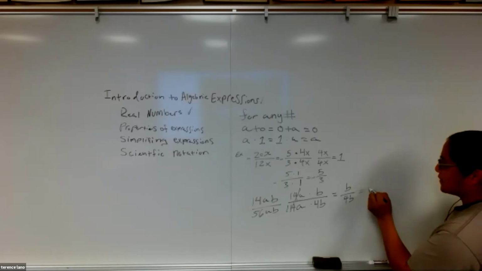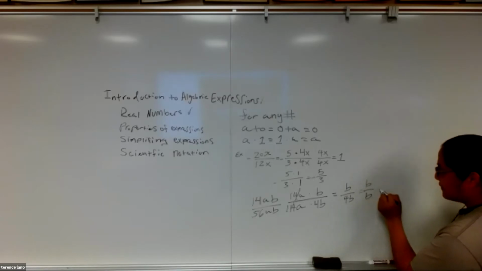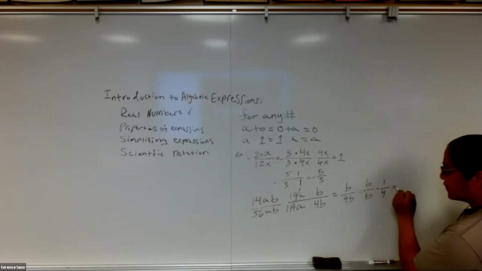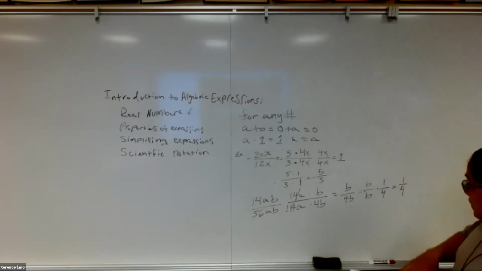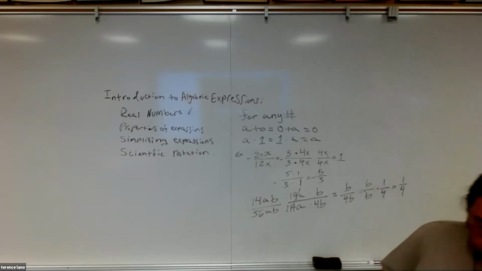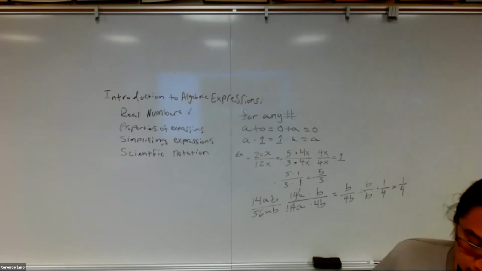The B's will cancel out also. We could have B over B times 1 over 4, which is going to equal 1/4. Any other questions?